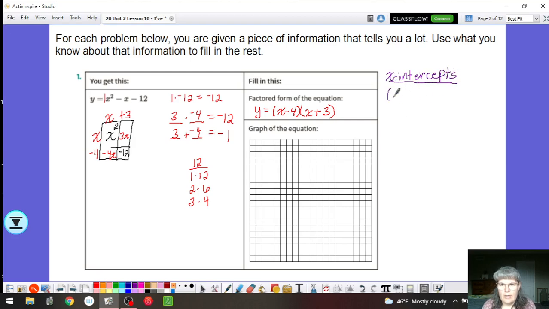In this case, our x-intercepts are (4, 0) and (negative 3, 0). When we have our x-intercepts, we can use them to help us find our line of symmetry.